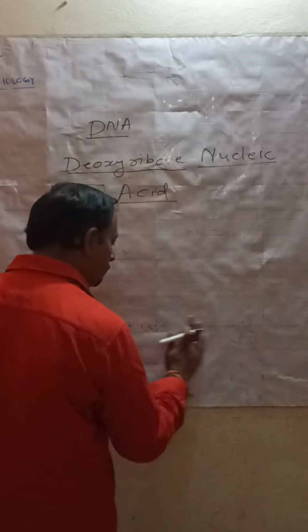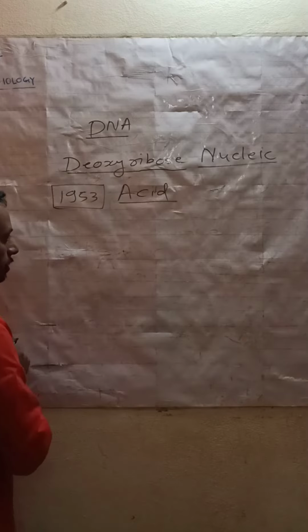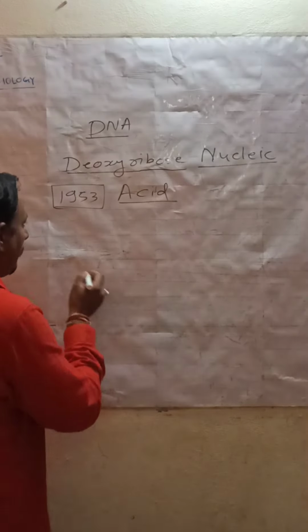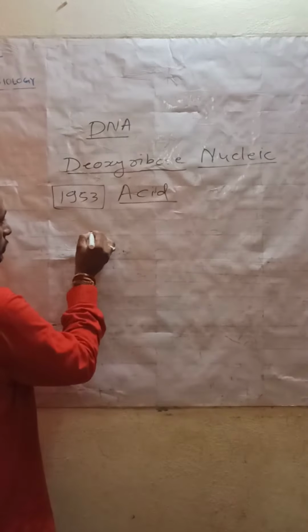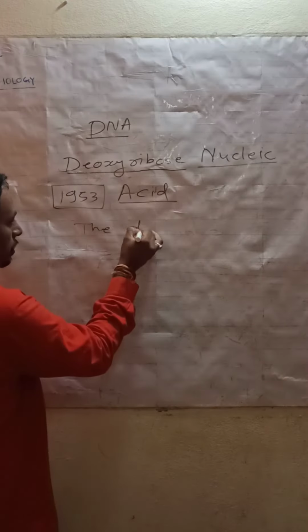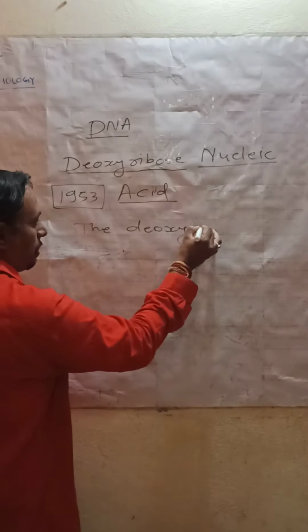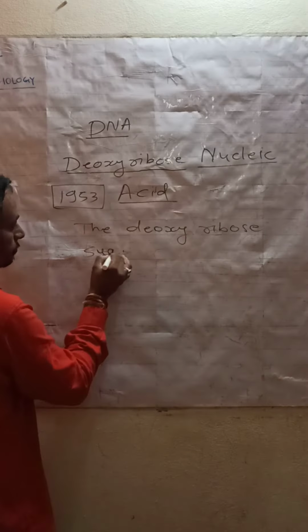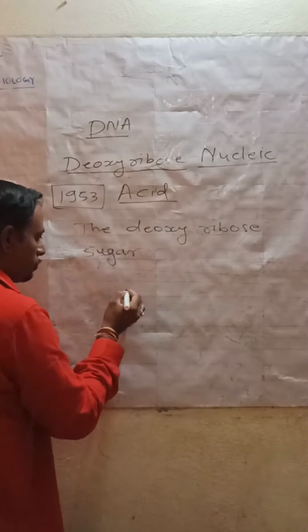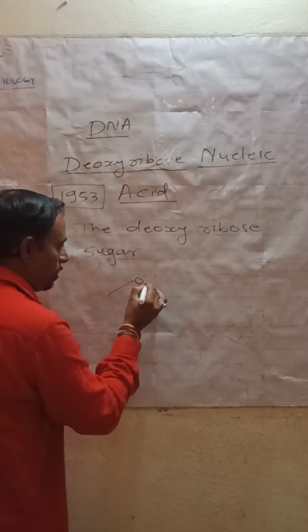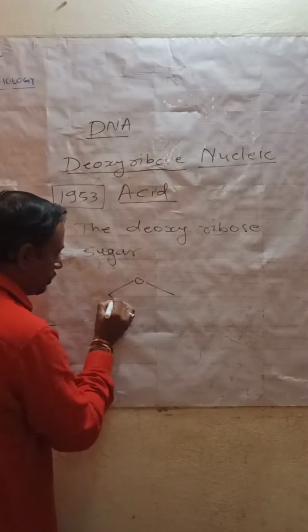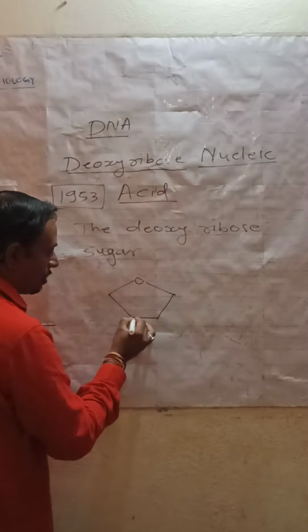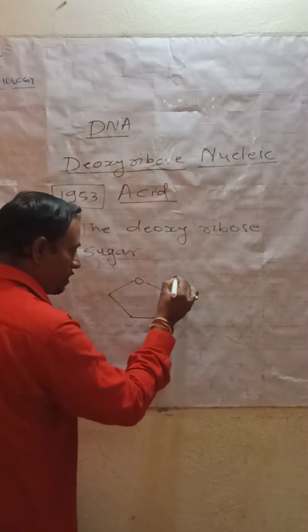Deoxyribose sugar is a pentose sugar. Let's see the deoxyribose sugar. Deoxyribose sugar is a pentose sugar with a ring oxygen inside.